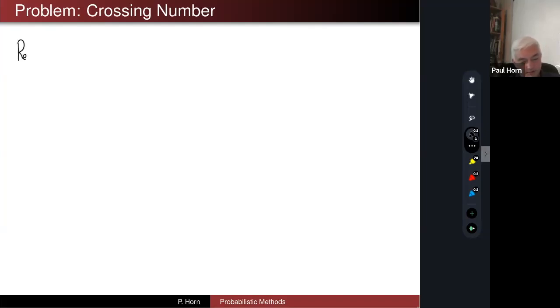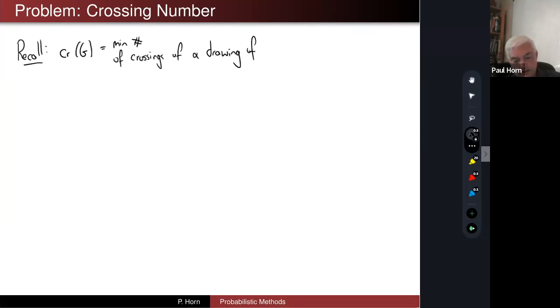So recall that the crossing number of G is the minimum number of crossings of a drawing of G in the plane.